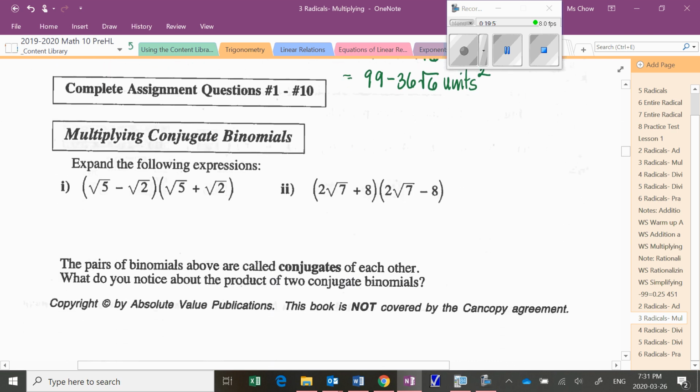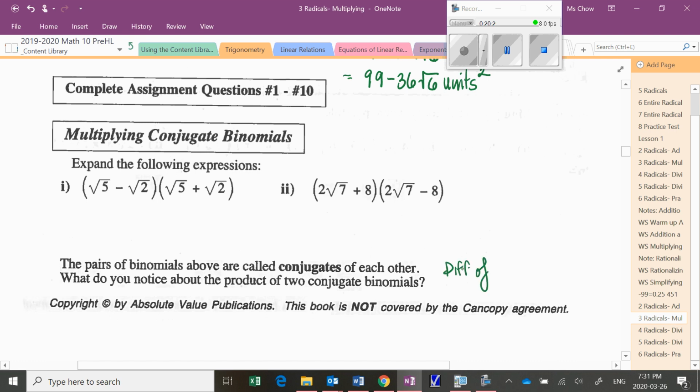Okay, so let's take a look at these. Multiplying conjugate binomials. We've got root 5 minus root 2 times root 5 plus root 2, and 2 root 7 plus 8 times 2 root 7 minus 8. My hope is that kind of reminds you of difference of squares, right?